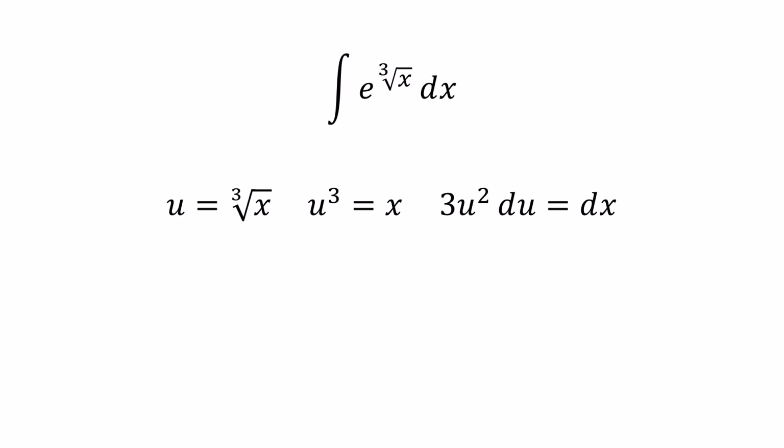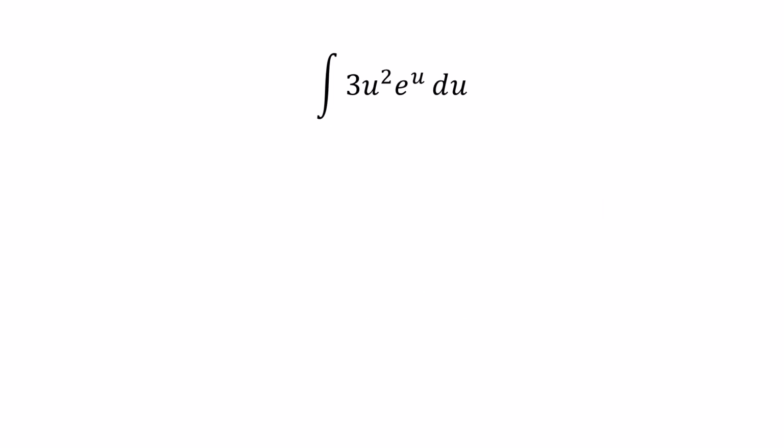Hence the differential is 3u squared du equals dx. Substituting into the integral gives the integral of 3u squared e to the u du.